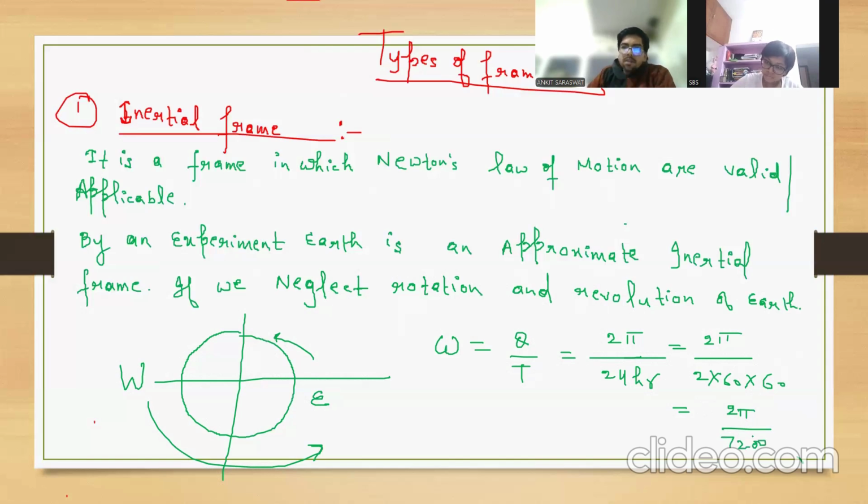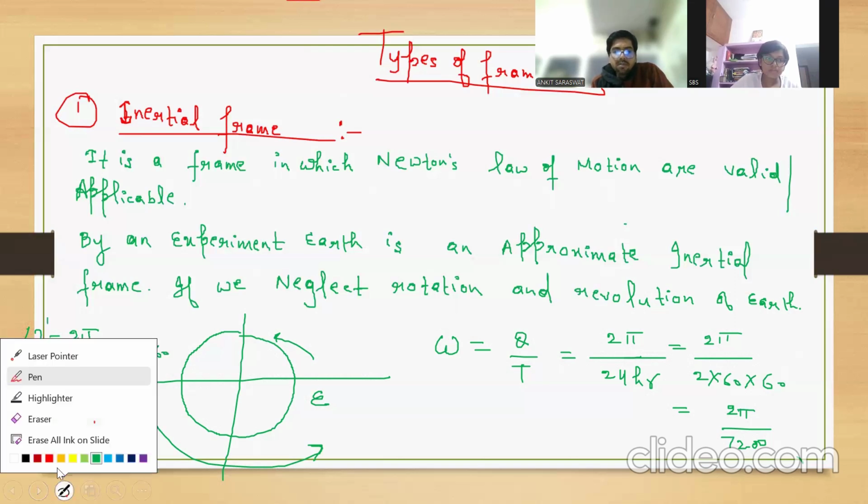This is the rotation speed. But if you ask me what is the revolution? In revolution, the time will be 365 and 1 by 4 days, 365 days. 1 day is 24 hours. Clear?